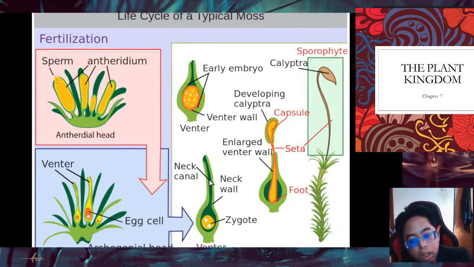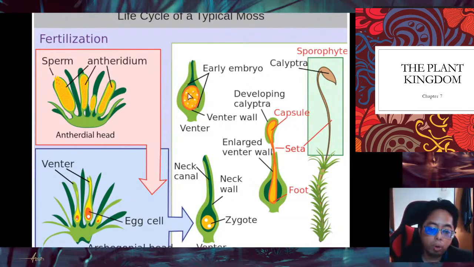For a typical moss, this is the antheridial head, and this is the archegonial head. Both are on top of a really long branch with a lot of leaves. This is the body. If it is male, it has this head. If it is female, it has this head below. When the sperm is released, it will swim all the way to the egg cell through the venter.